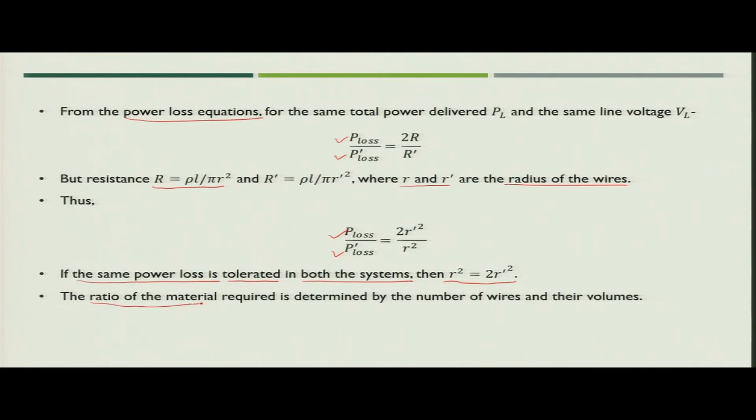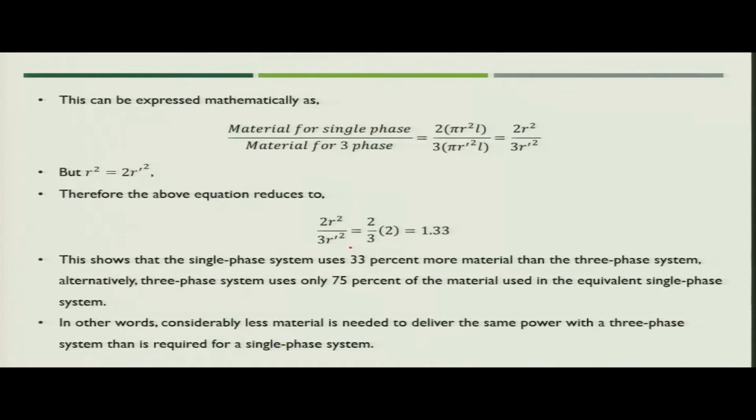Now, the ratio of material required is determined by the number of wires and their volumes. We will try to find out how much material is required to create the single phase system as well as the 3 phase system.